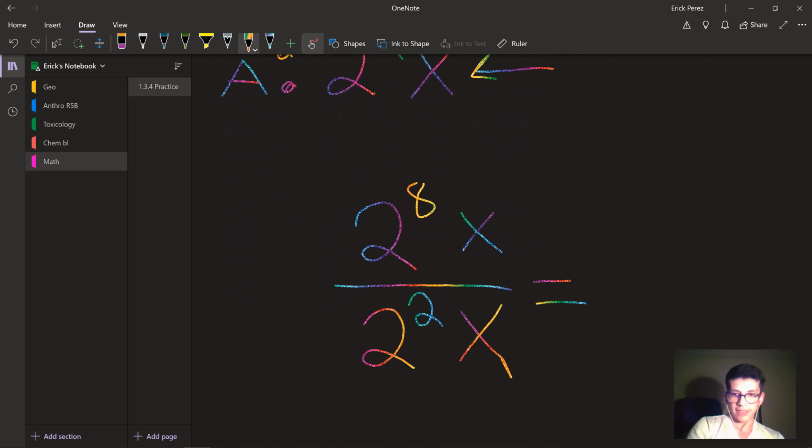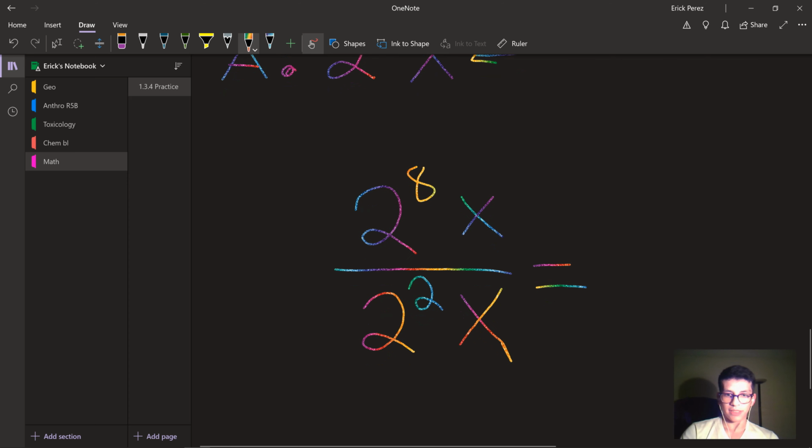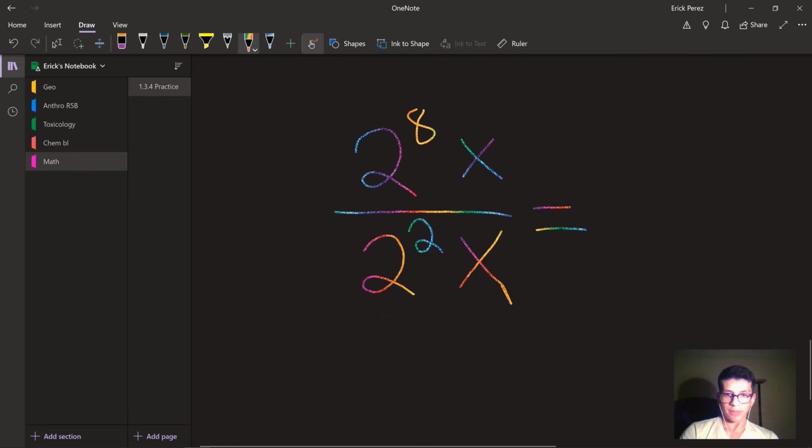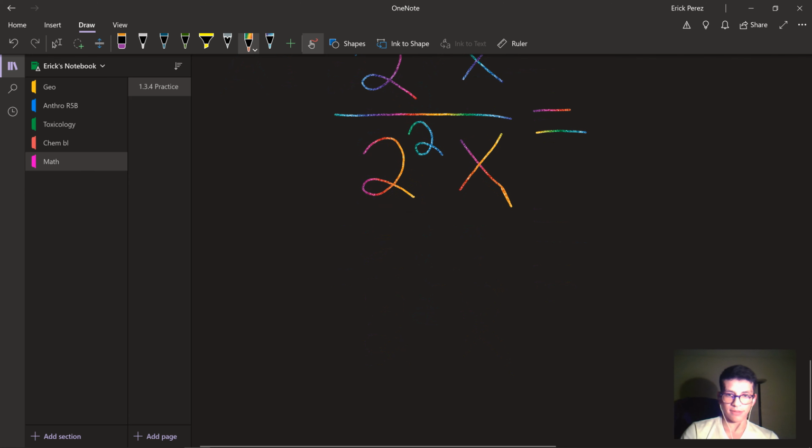And when you divide things with variables like this, you cancel out anything that looks the same, right? So I'm just going to expand it to show you what these look like, okay?